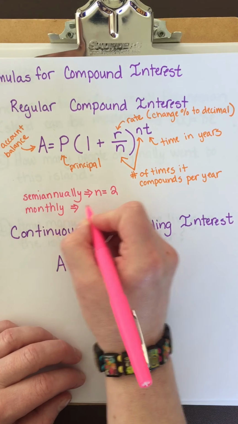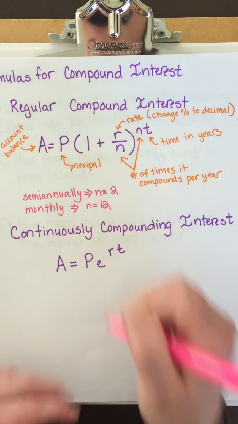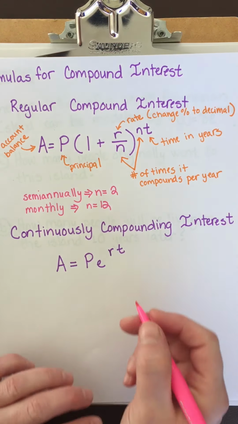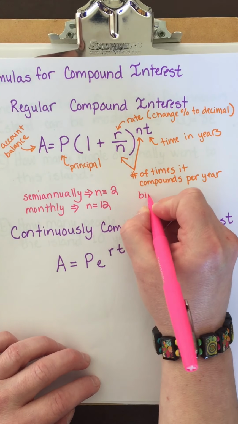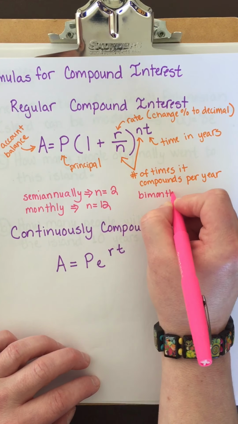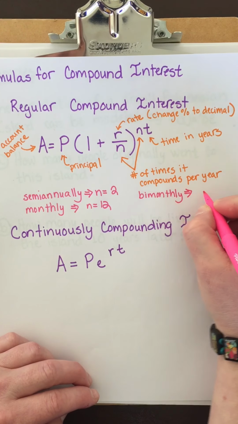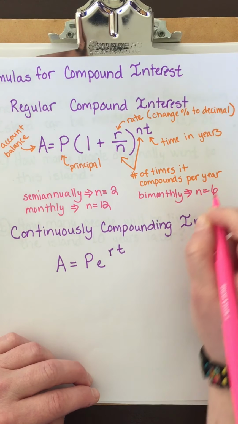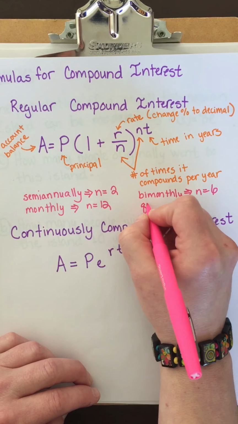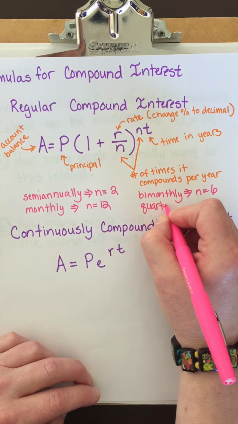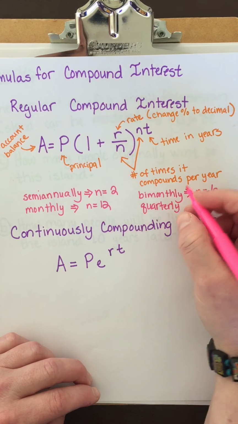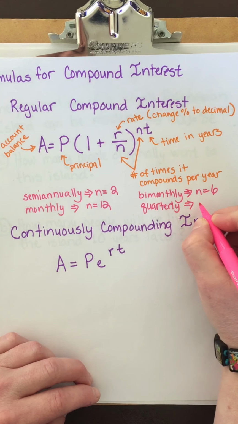That would mean we need to use n equals 12 because there's 12 months in a year. Bi-monthly. So it happens every 2 months. So in a year that would happen 6 times. And quarterly, which means 4 times a year.